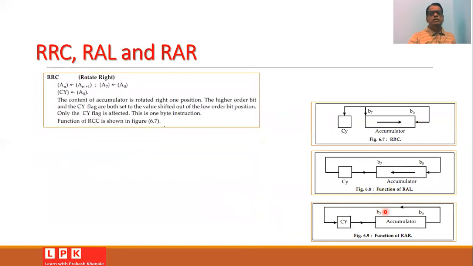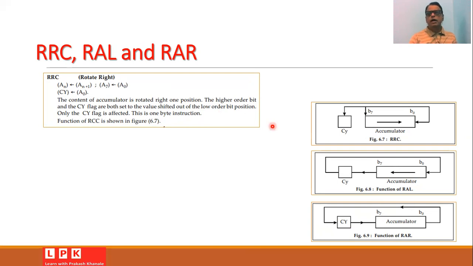Another instruction that is being used for rotation of the data is RRC, that is, rotate right. The content of the accumulator is rotated in the right direction by 1 bit position. So one can easily observe that the higher order bit and the carry flag are both set to the value that is being shifted out of the lower order bit position, and in this instruction only the carry flag is being affected.